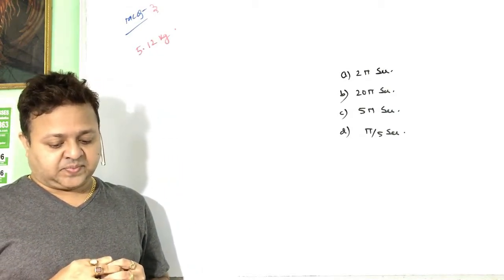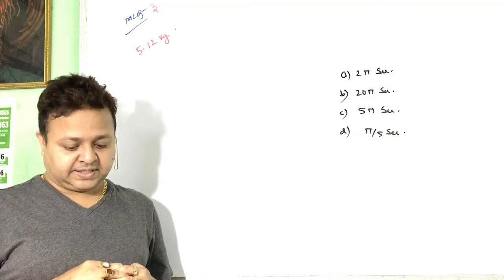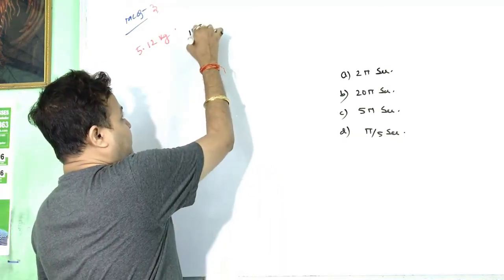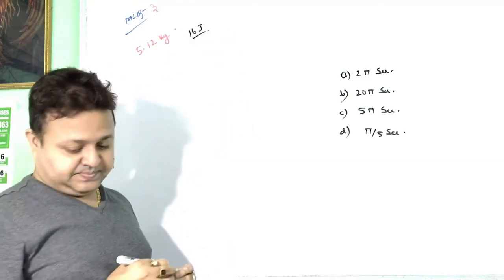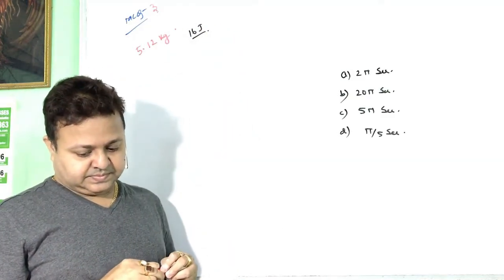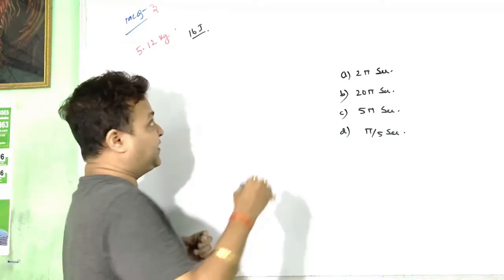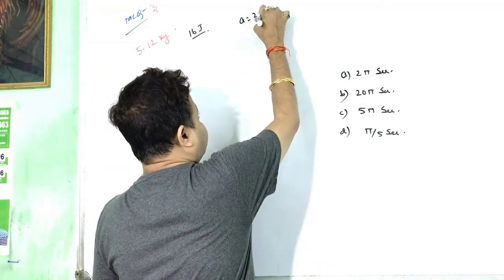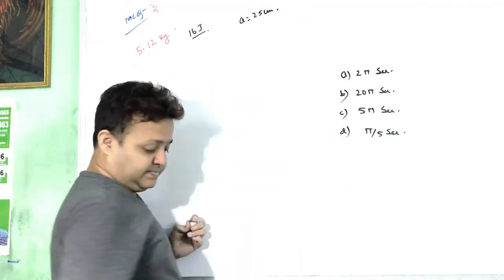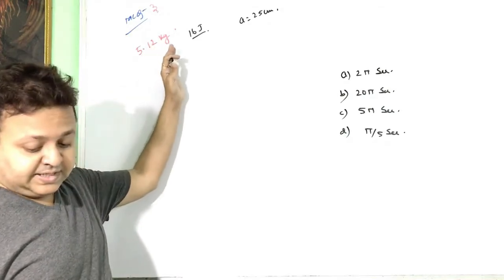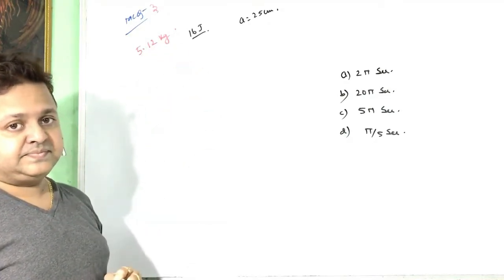The kinetic energy of a particle executing SHM is 16 joule when it is in the mean position, and the amplitude of the oscillation is 25 centimeter. If the mass of the particle is 5.12 kg, the time period?